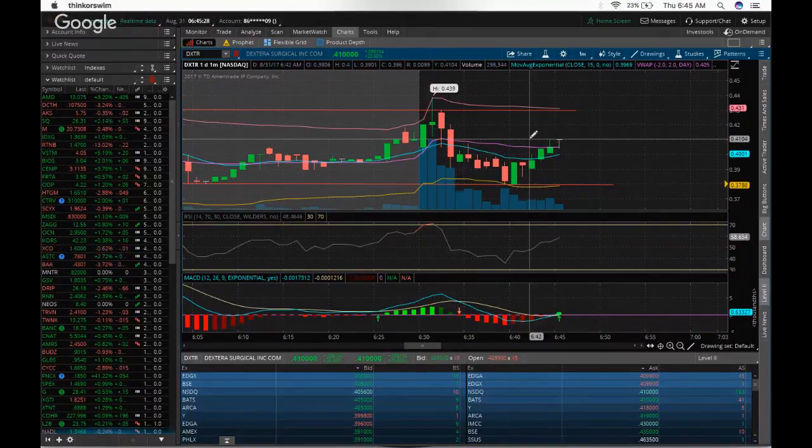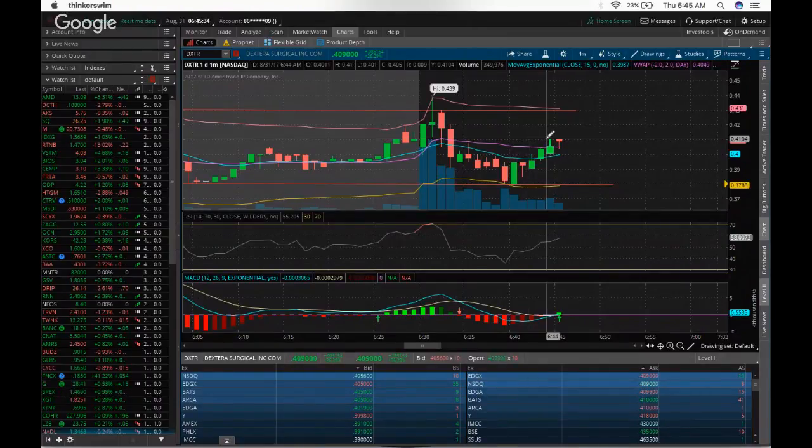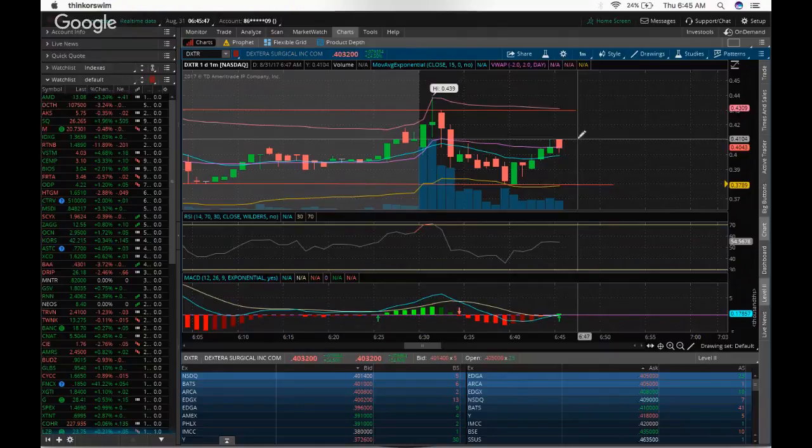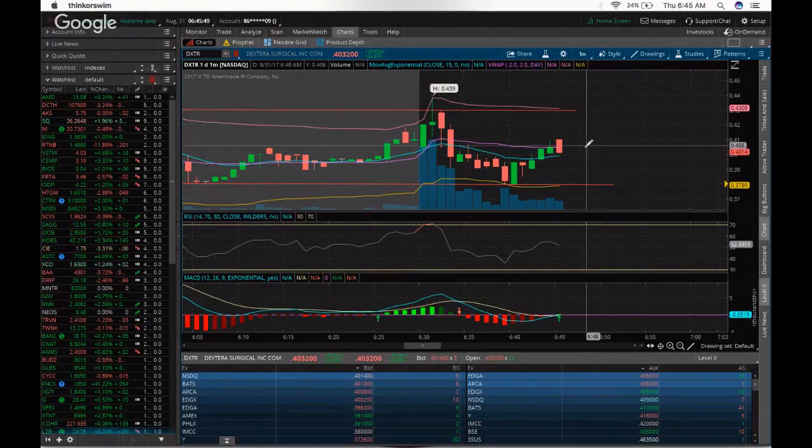Let's go ahead and see what else we can get. Will it hold? Can it break 41? Or is that just where it's going to peak out at? Let's see. Let's be patient. There's the pullback.